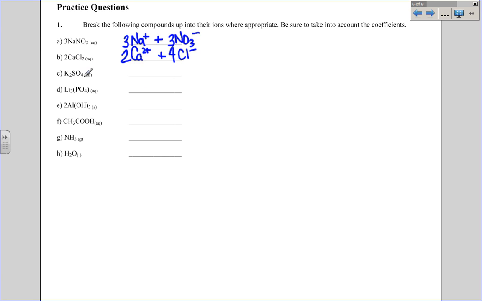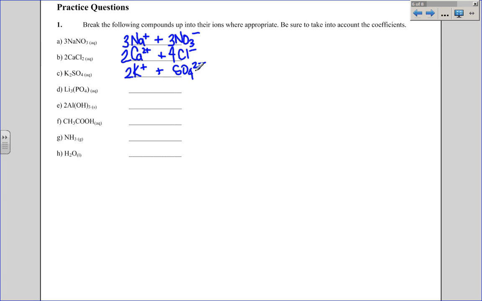Let's look at another one here, potassium sulfate. When potassium sulfate breaks up, it breaks up into K+ and SO4 2-. I have 1 potassium sulfate, and it's going to produce 2 potassium ions and 1 sulfate ion.